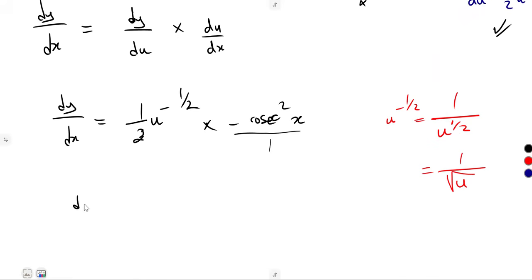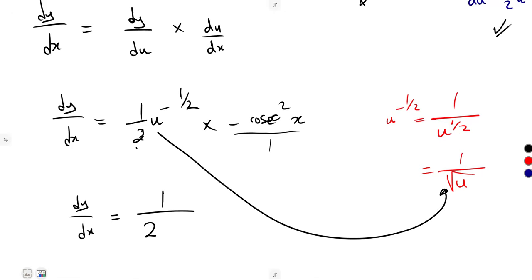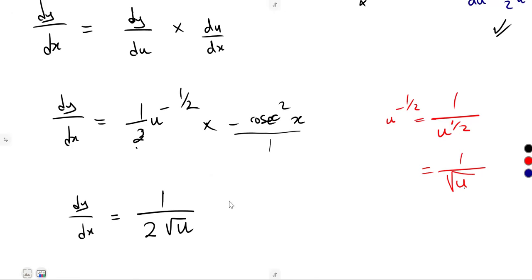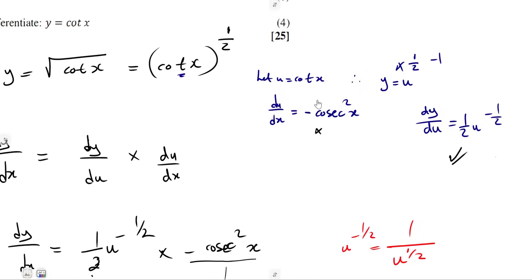So meaning to say this was supposed to be written as 1 over 2. This one is now written like this. So it's 1 over square root of u, times negative cosec squared of x. So this is it. We can multiply. And also remember u is equal to what? To cot.